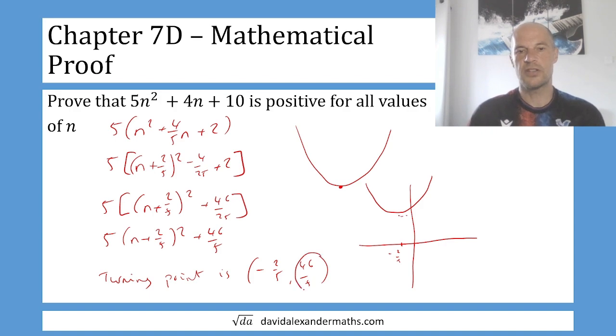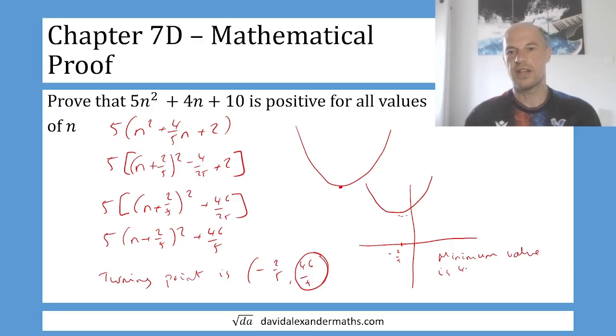Because the minimum value is 46 over 5, that might be our proof, our statement here: minimum value is 46 over 5, so 5n squared plus 4n plus 10 is always positive.